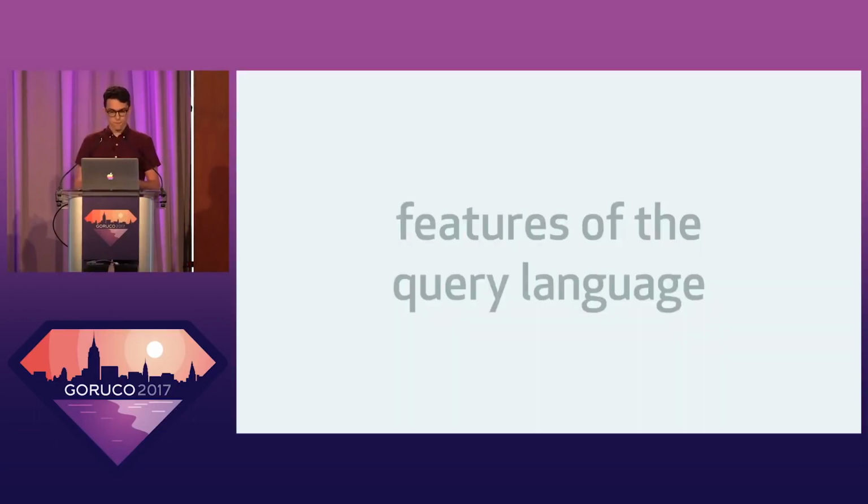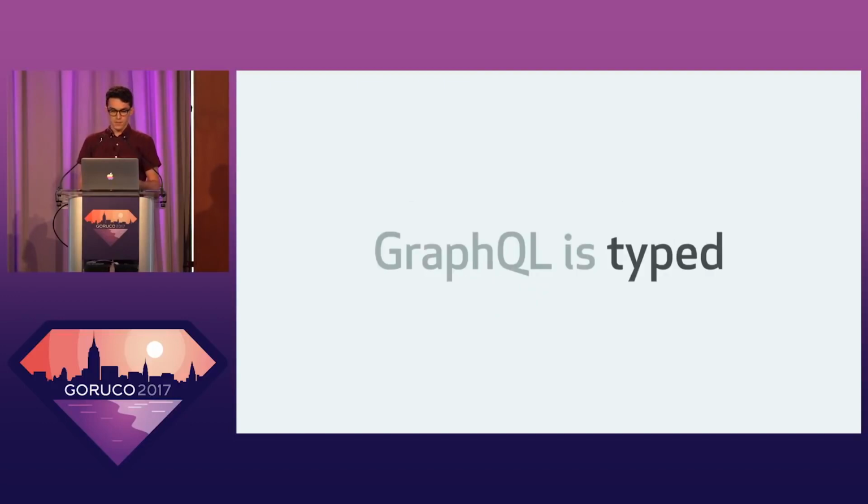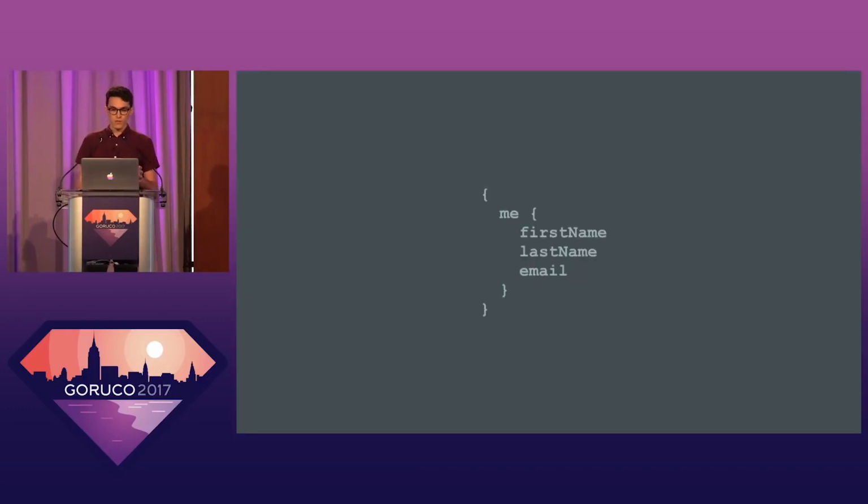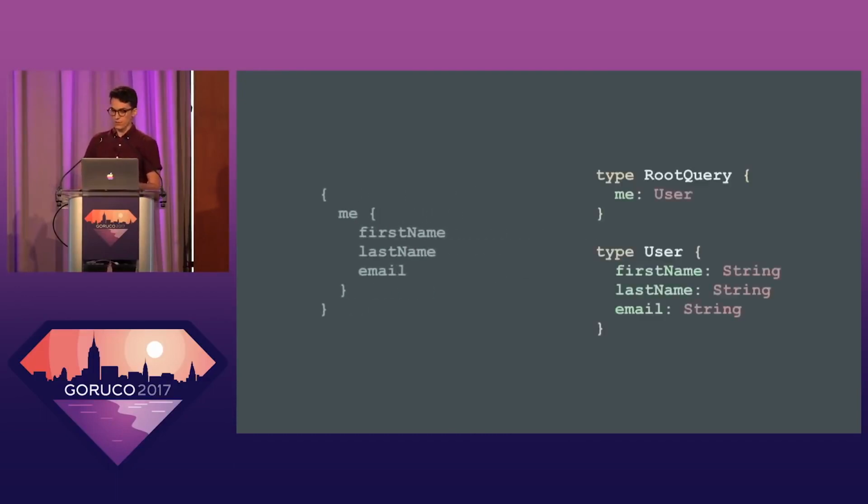So let's take a look at some of the features of the query language. The first is that GraphQL is typed, and the type system is a product of your application code. So if we look back to the original Hello World example, behind the scenes, there's actually a schema, and it's the schema that GraphQL is querying. We call this an IDL.